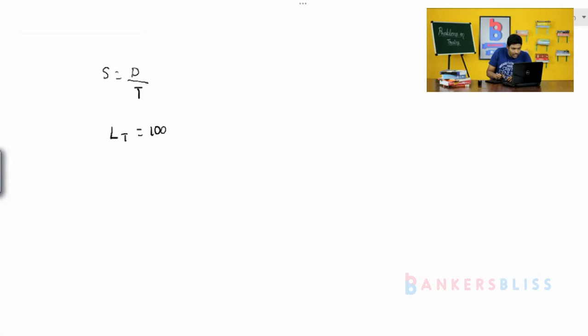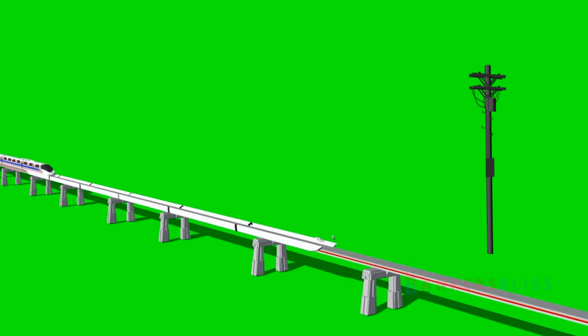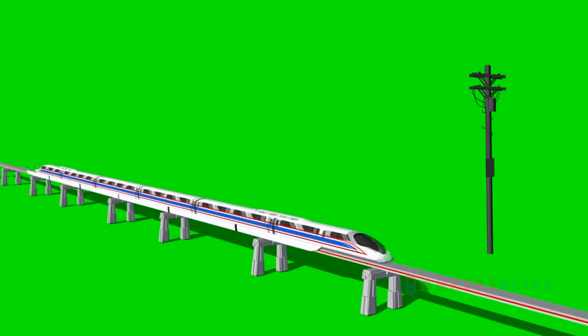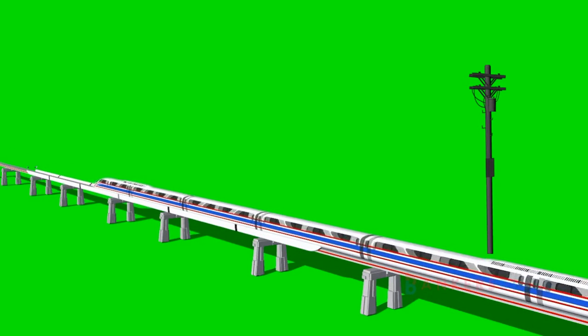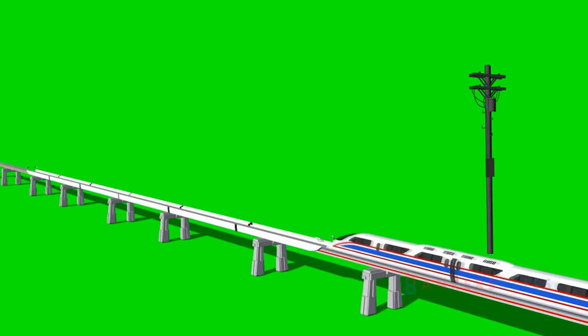So consider there is a pole. In front of that pole, a train is going to pass. The pole is standing and the train is moving.